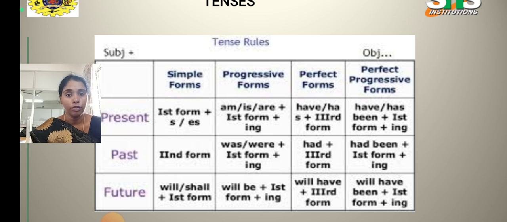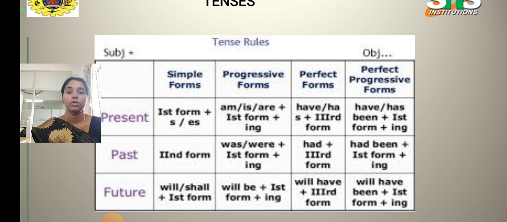As I told you, we are using s or es in the simple present. In the past we are using the second form of the verb, and in future we are adding just will or shall with the first form of the verb. The first form of the verb is the action word which denotes the action in the sentence.